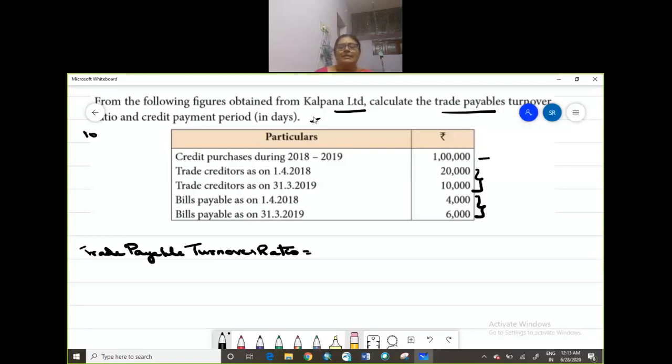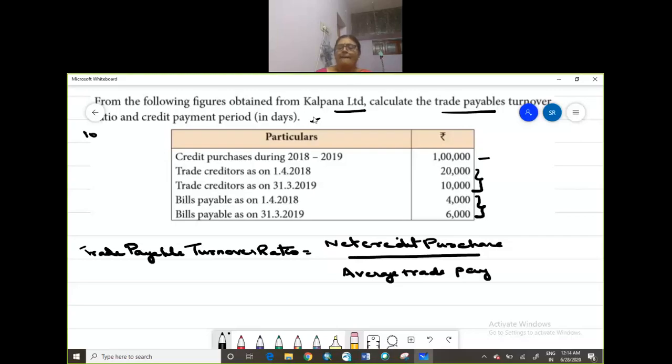Net credit purchase divided by average trade payable, not receivable, payable. Okay. So what is your net purchase here? 1 lakh.